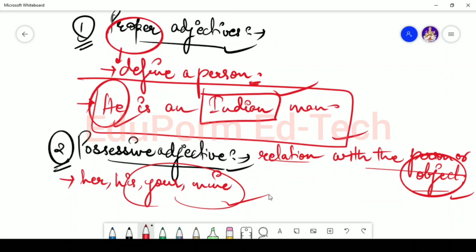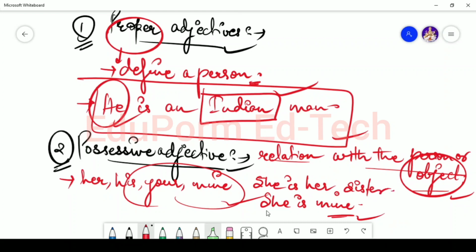Like if I say that she is mine, or she is her sister, in all of these cases what I'm trying to do is talk about the relation with an object. So in all of these cases the adjective used is possessive adjective, that is her, his, your or mine. Let's talk about the other types.